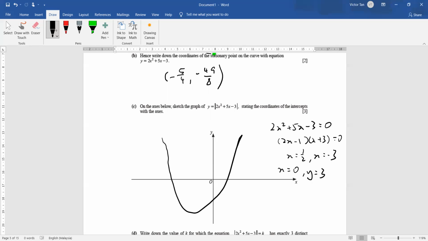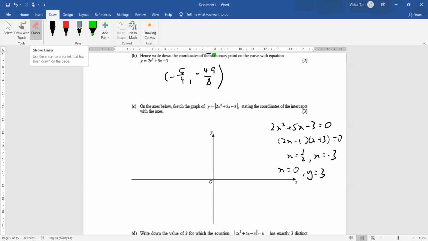Something like this, okay? So what I'm going to do is, this part of the graph will be reflected above the x-axis because it's a modulus graph. Okay, so I'm going to redraw.